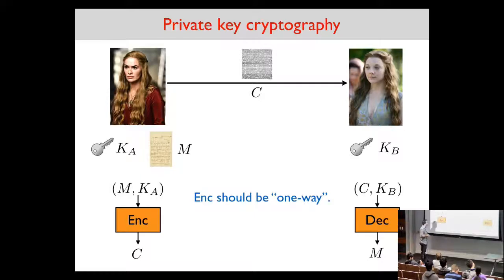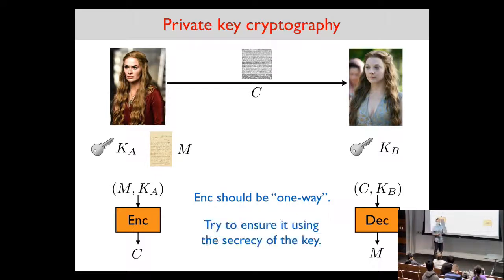Now this encoding function, you can think of it as follows. It should in some way be one way, right? Because I don't want the eavesdropper who sees C to be able to get the message or the key from C. In private key cryptography, you try to ensure that this is one way using the fact that the key is secret.